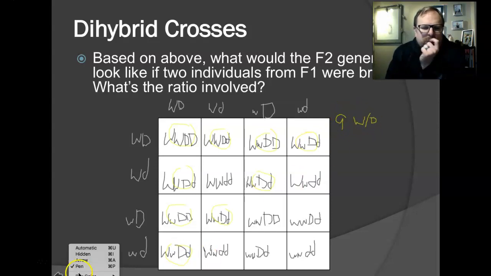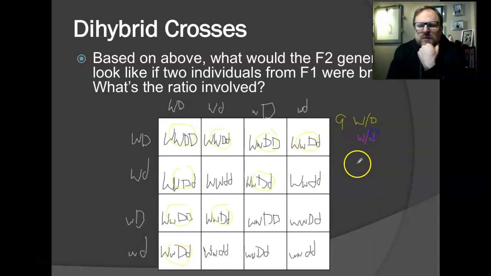And let's go through. And we'll do magenta. Okay, we'll do magenta, and that is going to be white fruit that is not disc shaped, but it's going to be sphere shaped. So that'll be our lowercase d. So there's 1 individual, there's 2 individuals, and I'm going through 3 individuals, and that should be it.